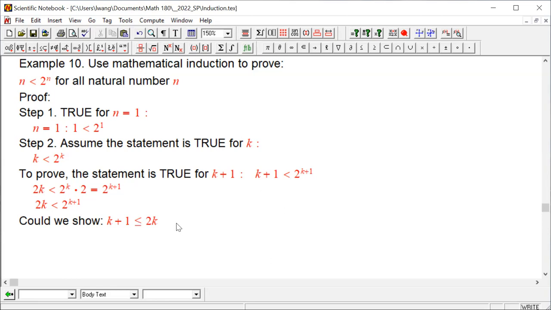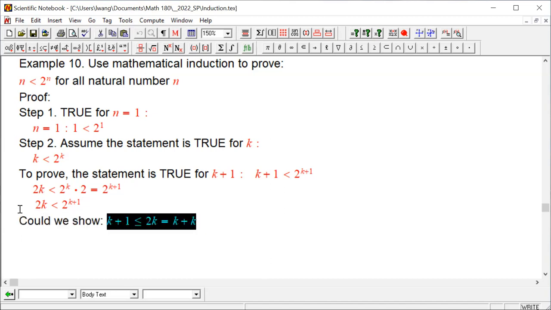Can we show that? Well, 2 times k is equal to k plus k. For k plus 1, 1 is the smallest of the natural numbers. So this is in fact true.